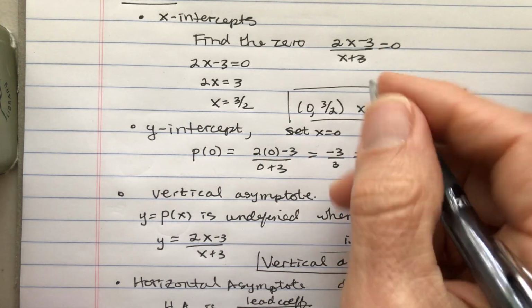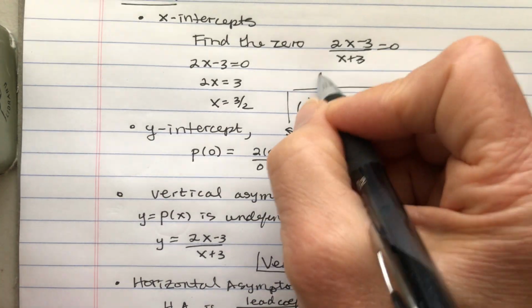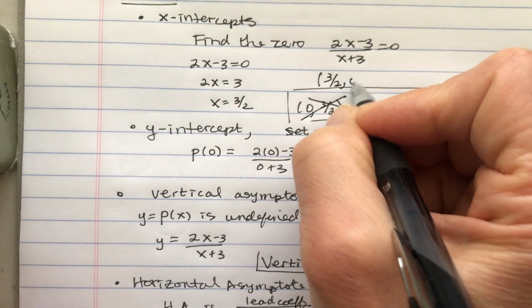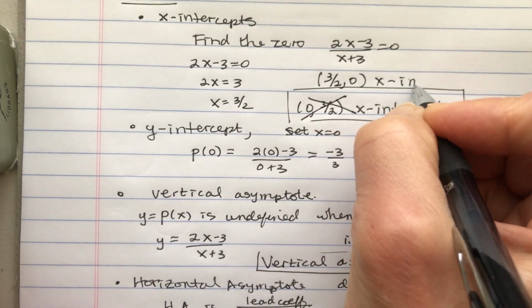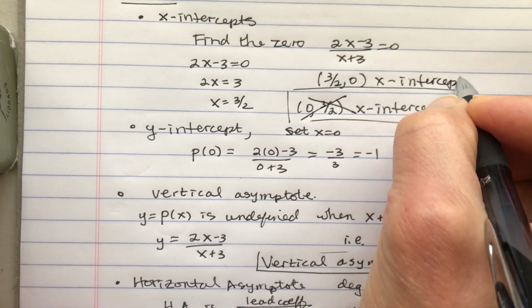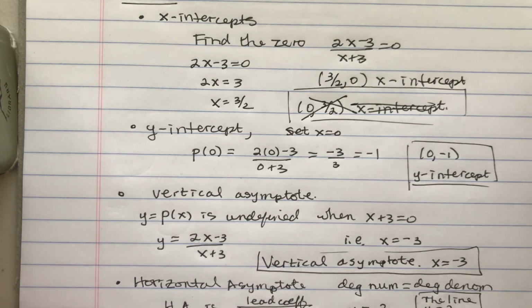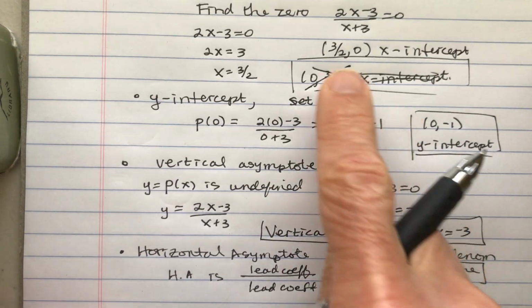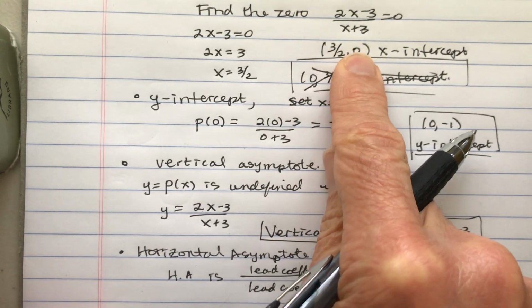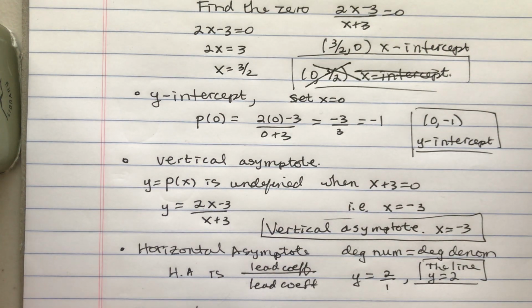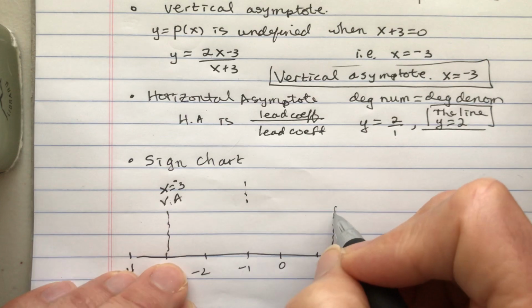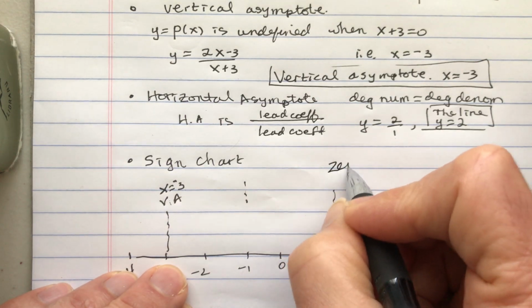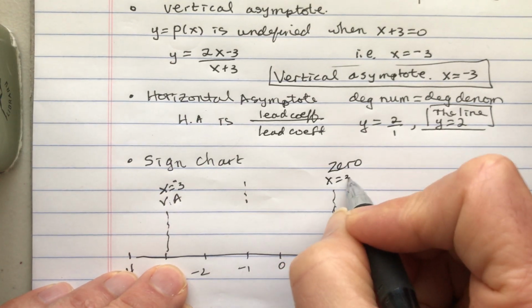It's 3 halves, 0 that is the x-intercept. The x comes first, then y. So when y is 0, x is 3 halves. And so that's over here. When I put this on the chart, I have a 0 at x equals 3/2.